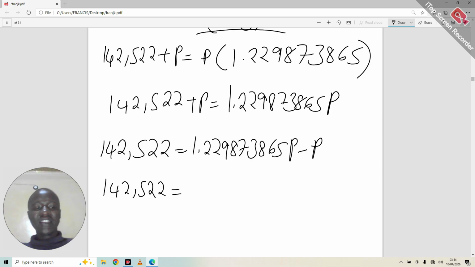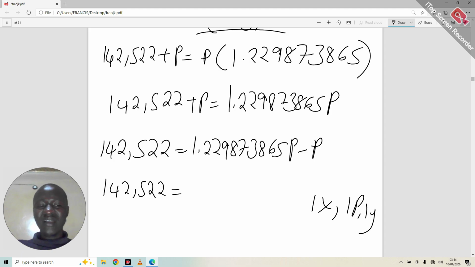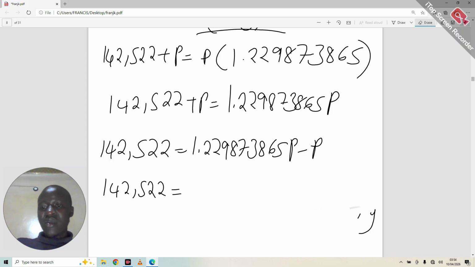This one just before p. And that is why it doesn't make sense in mathematics having something to do with 1x, 1p, 1y. That one doesn't make sense. So we'd rather have just p alone, x alone, y alone.